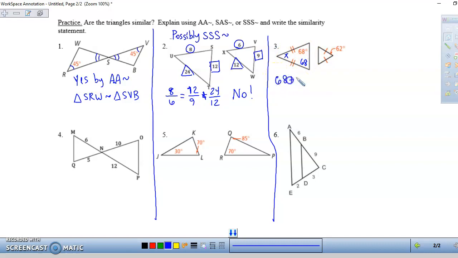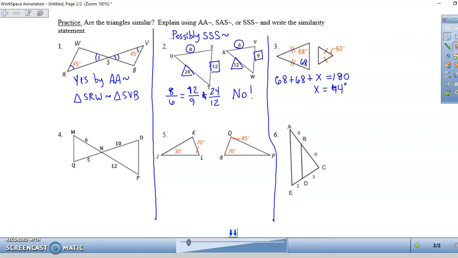So I have 68 plus x equals 180. Okay, so subtract off the two 68s, and you get 44 degrees. Okay, so x here is 44 degrees.